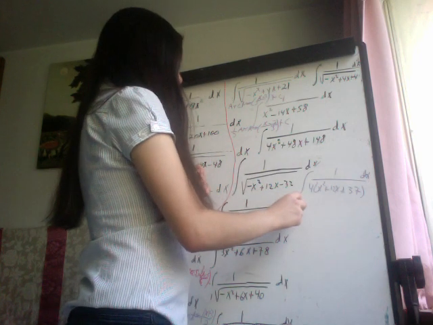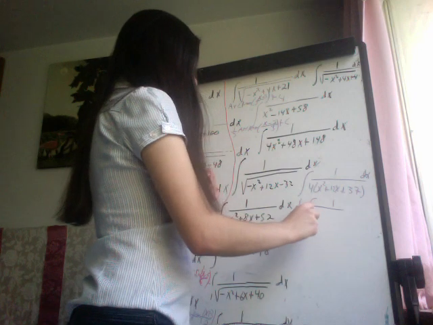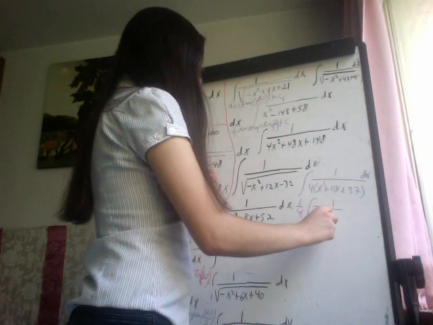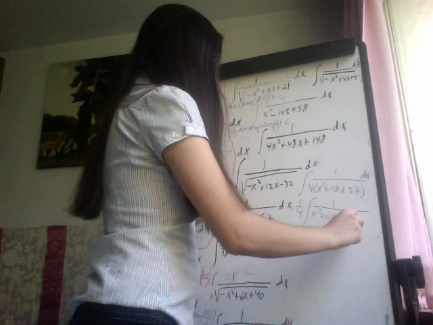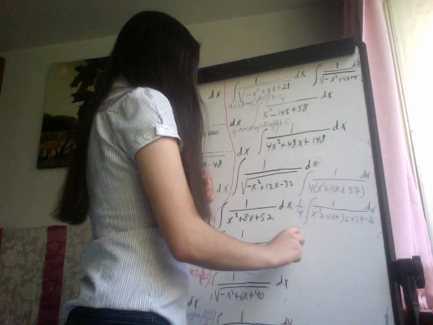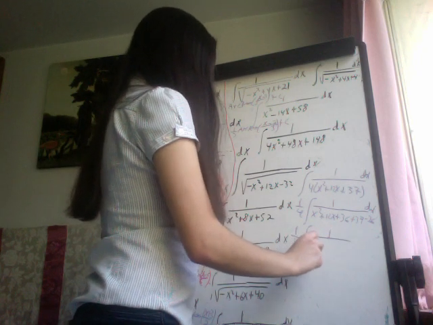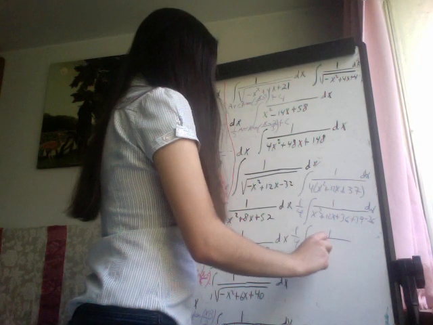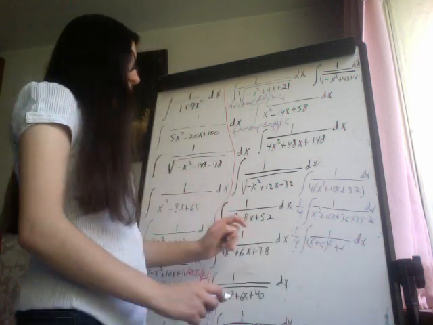So this would be 1/4 times the integral of 1 over x squared plus 12x plus 36 plus 37 minus 36 dx. 1/4 of the indefinite integral of 1 over (x plus 6) squared plus 1 dx.